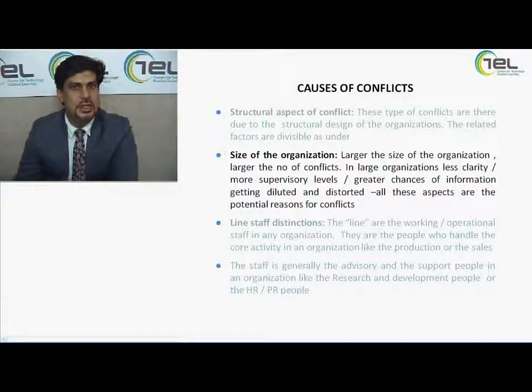So, we put the cause of conflict in organization due to the structuring of the organization, which could arise because of the size of the organization itself. This is precisely the reason why larger organizations tend to run their businesses as standalone units.